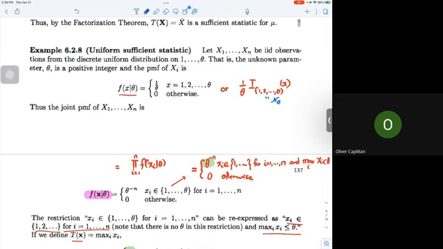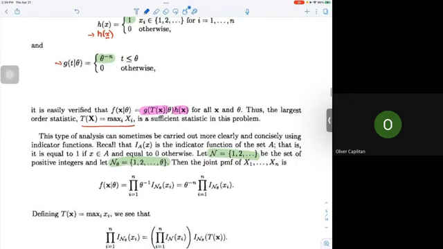Script N of theta. So parang 1 of theta i, then you have script N of theta, and then you have here x. That's your PDF of the random variable x sub 1 or x. So ang joint niya, ito na ngayon.